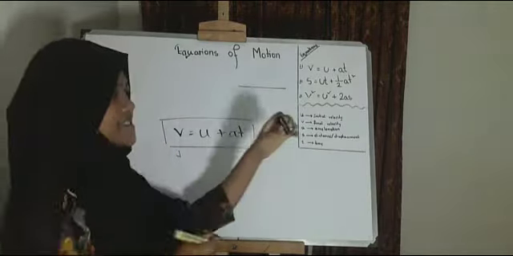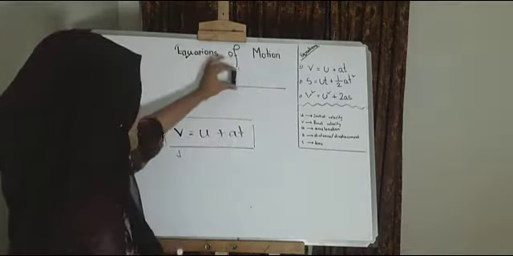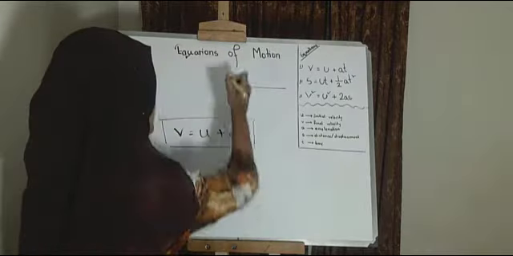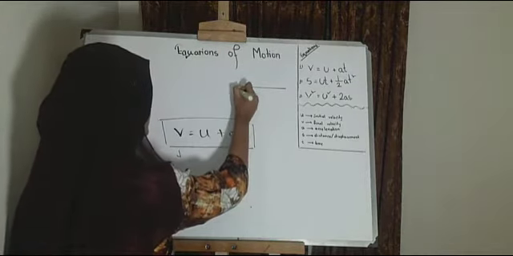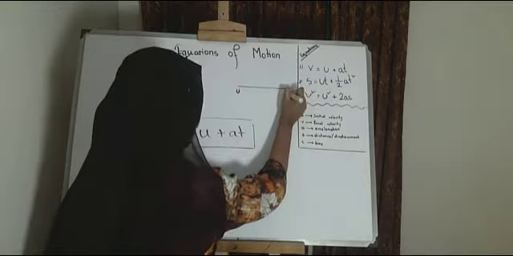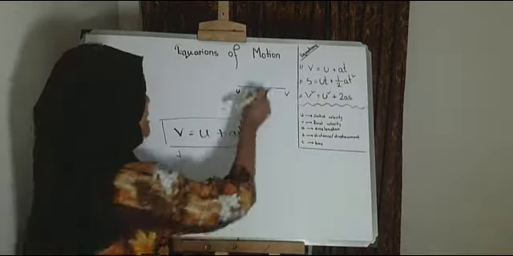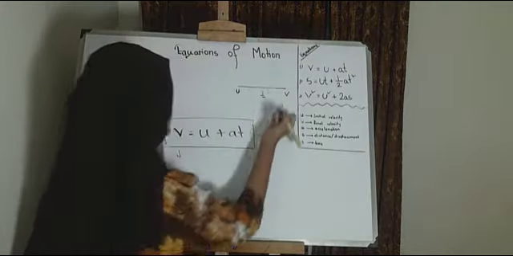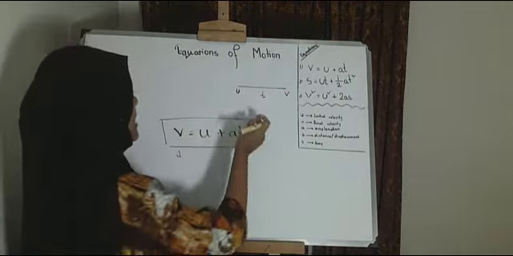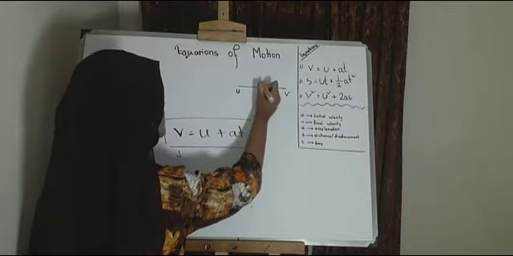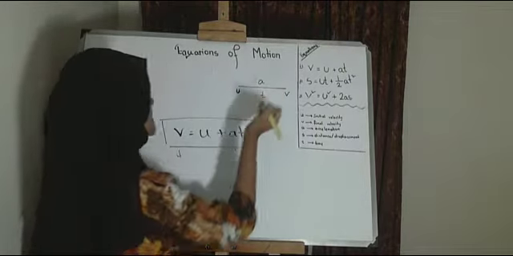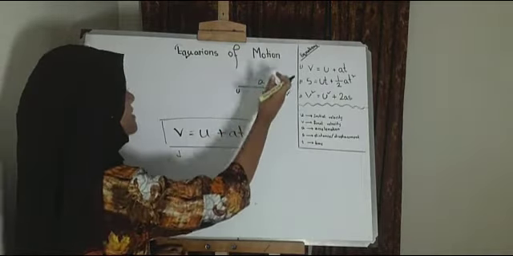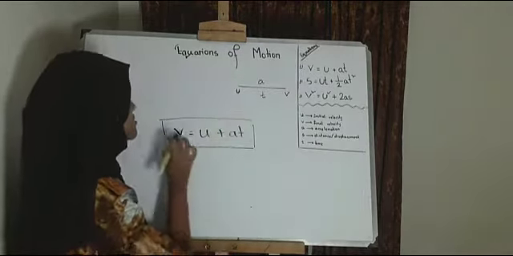Let's say it's a car and the car is moving from here to here. Here it will have the initial velocity, which is U. Here it will have V, the final velocity, and the time to pass this path is T. And the acceleration it's moving with is A. So if you have the initial velocity, the time, and the acceleration, then we can find out V.